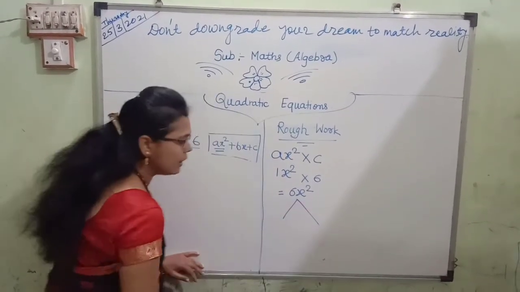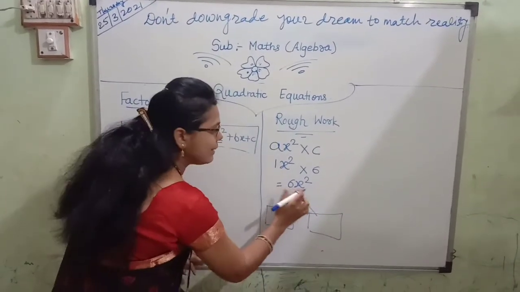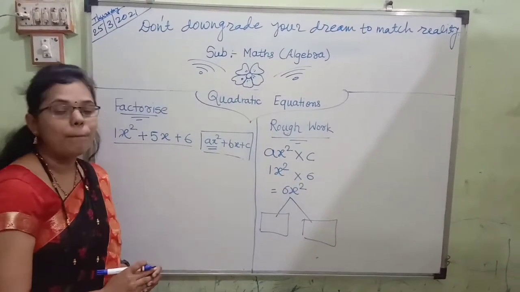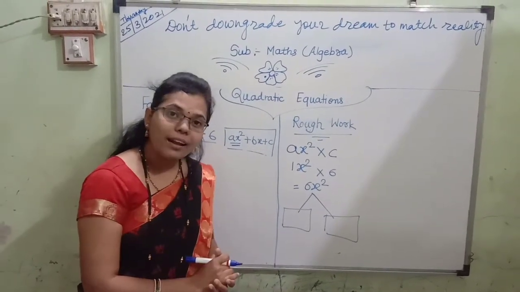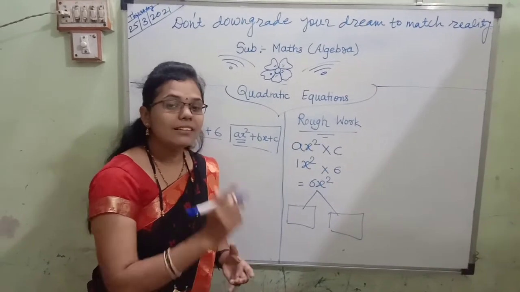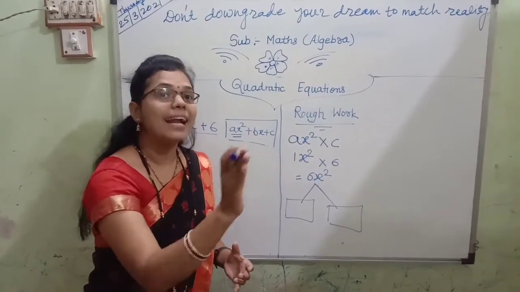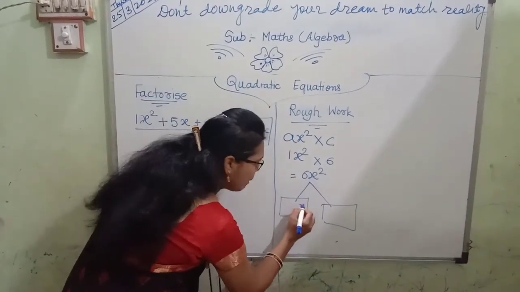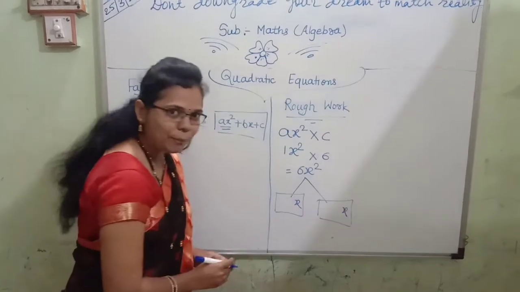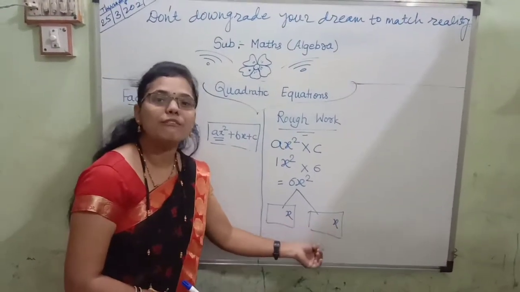Now my dear children, we have to prepare two factors of this 6x square in the form of multiplication. You know very well the meaning of square: the number multiplied by itself, the variable multiplied by itself. So x square means x multiply x, and because of that I prepared two boxes and on both sides I wrote this x.